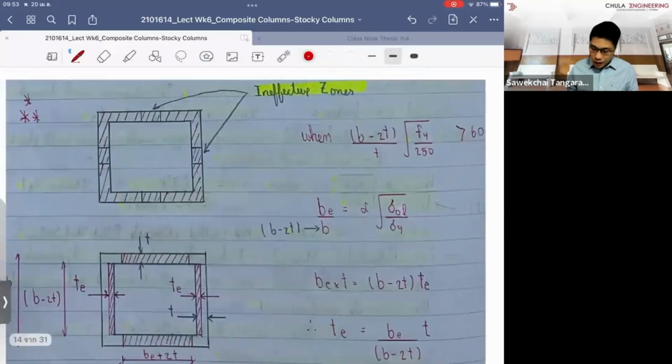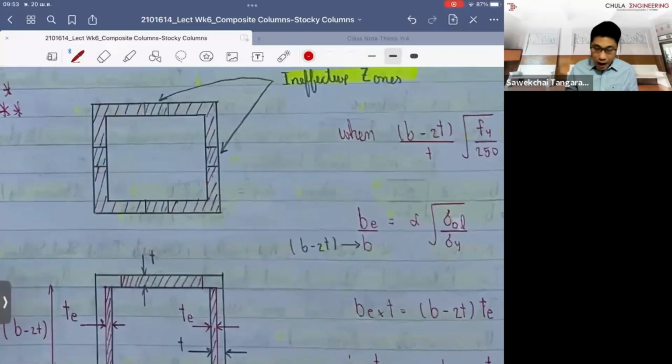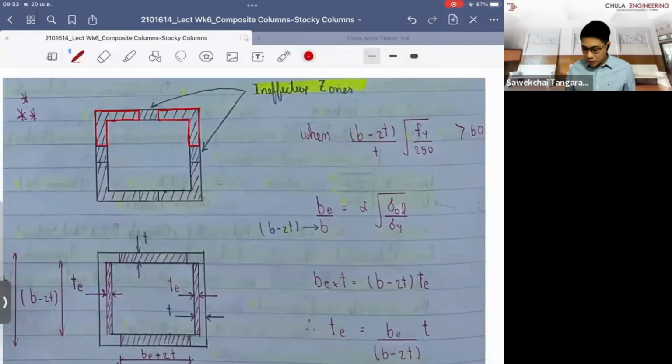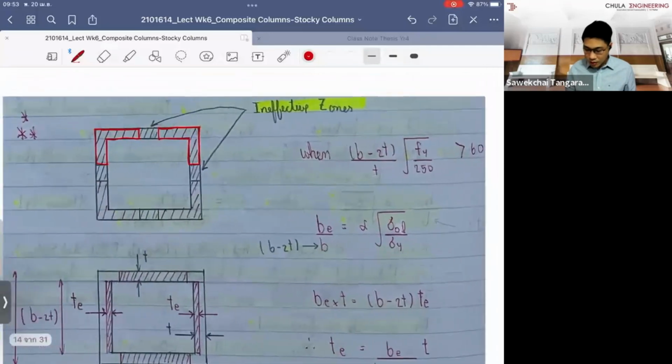The area that is still considered effective is the one that I just put the red lines on, and so on. So you use this formulation. We call this the effective zone, and you're just looking at the linear proportion.